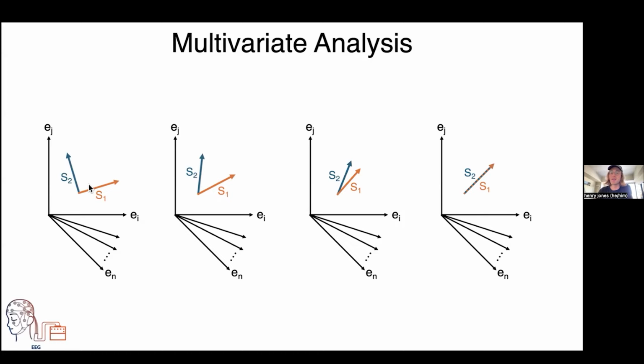I just wanted to highlight that this multivariate analysis is nice for a few reasons. One, for working memory, we get away from lateralized designs where we have to cue people to one side or the other side of the screen. Instead, they can just encode everything in a more naturalistic way. It's more sensitive than univariate measures, so we can get away with less data while still establishing reliable effects.